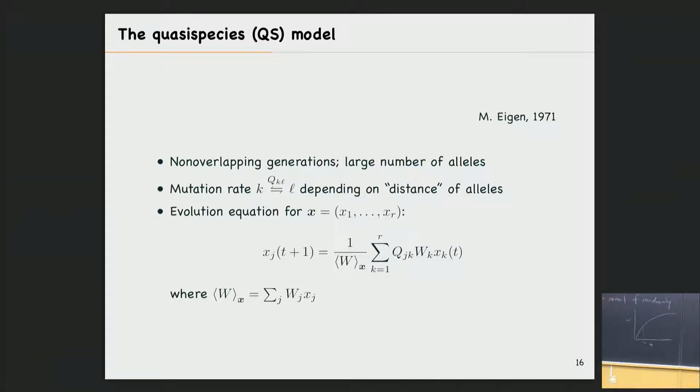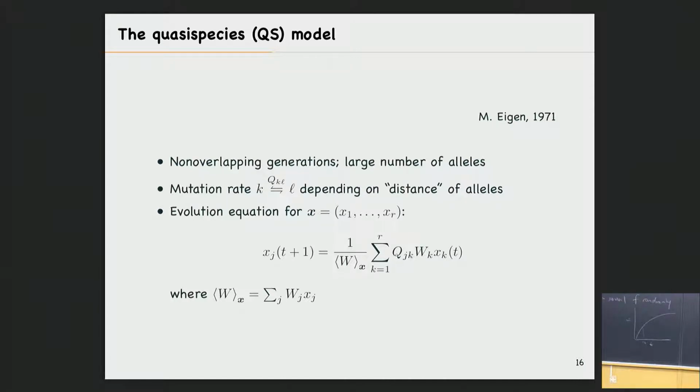But then with probability Q_KJ, this sequence K will mutate into J. Now I sum over all the sequences, and I get the expected number of individuals of sequence J. In order to get this fraction, I have to divide by the total growth factor of the population, which is given by the average value of this fitness W.